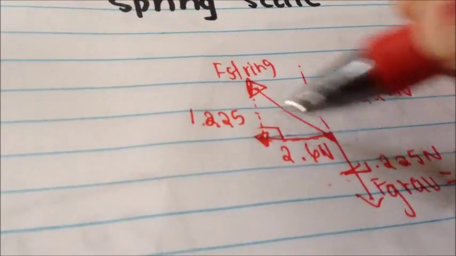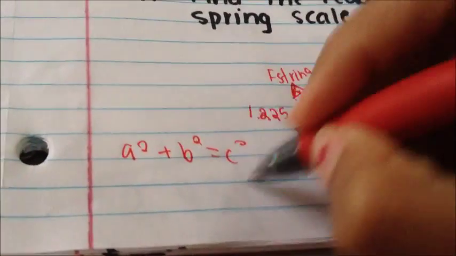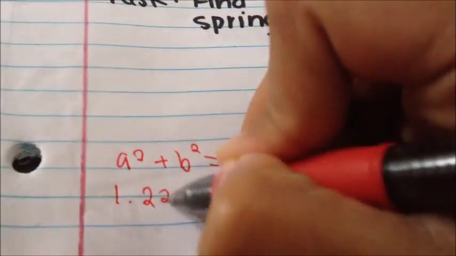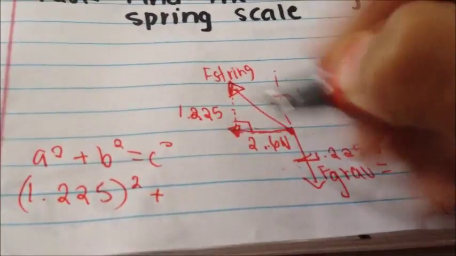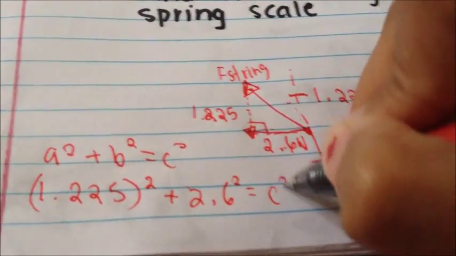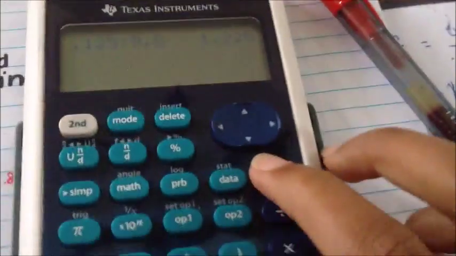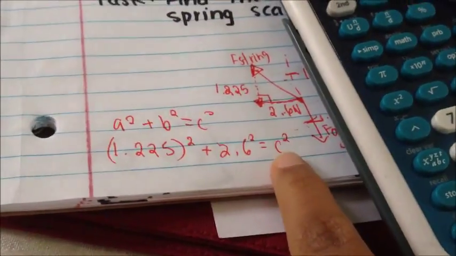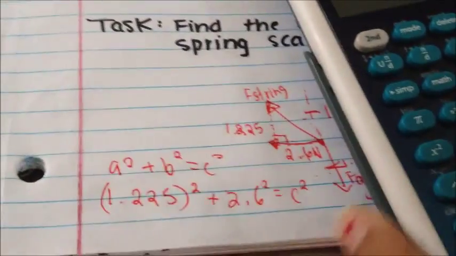We know that if this is A and B and C, we know the Pythagorean theorem, a squared plus b squared equals c squared. Now we can plug in the numbers, so 1.225 squared plus 2.6 squared is equal to c squared. Now, if we actually plug this into a calculator, we know that c is equal to the square root of 1.225 squared plus 2.6 squared.